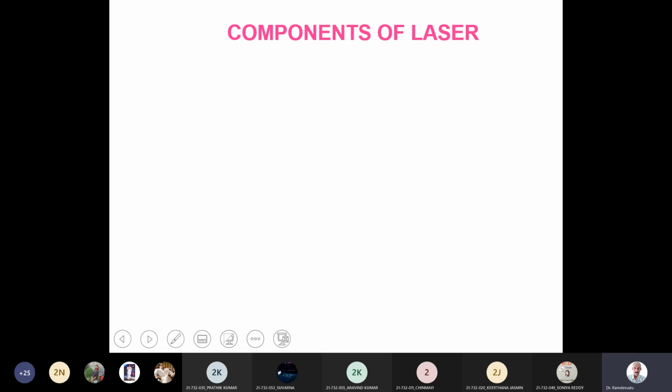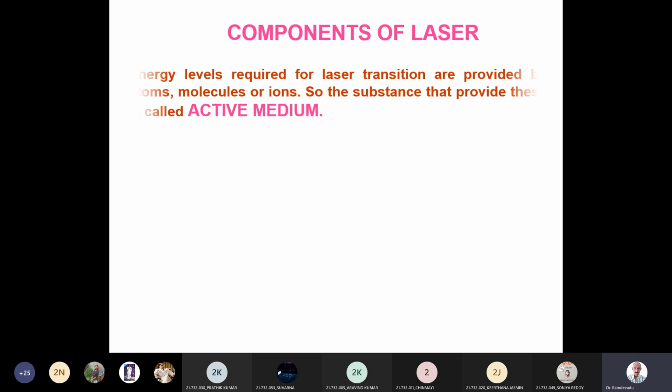That's what we call the components of a laser. What are the three important components or parts of a laser? First, you should have a population inversion, so we require some energy levels to get metastable states. But who will give all these? Atoms will give. These atoms or groups of atoms may be in the form of a solid, a liquid, or even a gas.